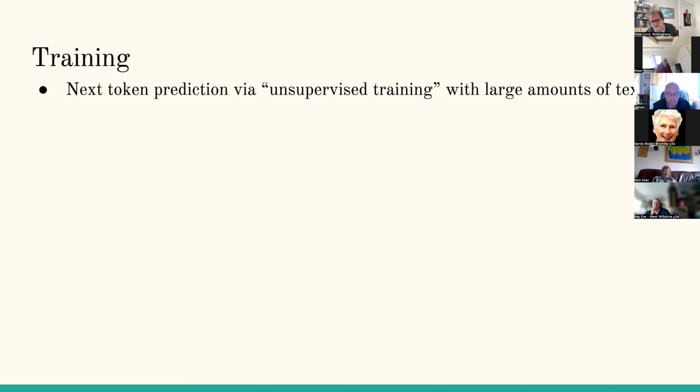Now, these large language models that work on sentences, you can use a trick to actually train these systems in an unsupervised way. The way we do this, we take a large sentence, maybe the quick brown fox jumps over the lazy dog. We inject the quick brown, and our expected output is the next word in that sentence. We've got that already, the quick brown fox. So our required output is fox.